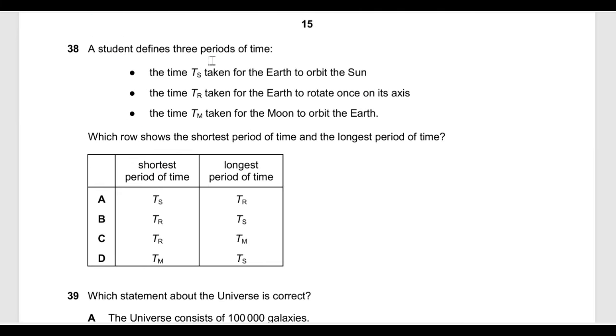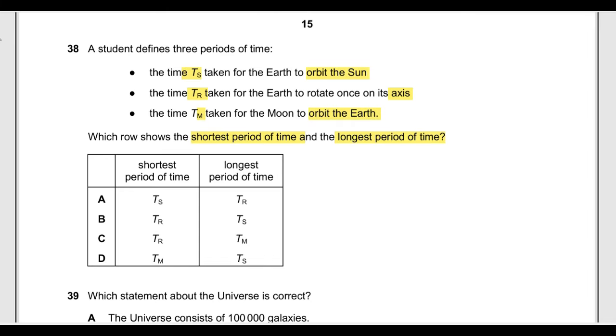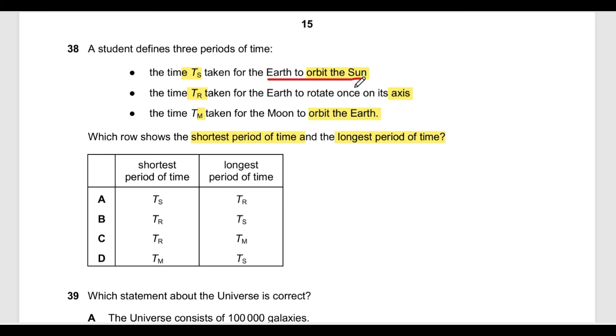Question 38 says a student defined 3 periods of time: the time Ts taken for Earth to orbit the Sun, Tr for Earth to rotate on its own axis, and Tm for the Moon to orbit the Earth. Which row shows the shortest and the longest time period? Earth takes 365 days to orbit the Sun, or we can say one complete year.